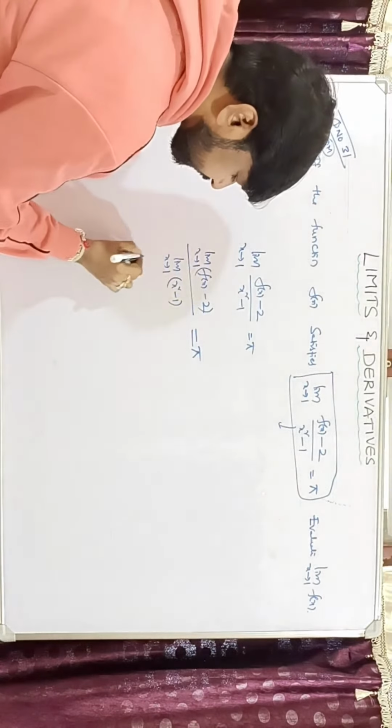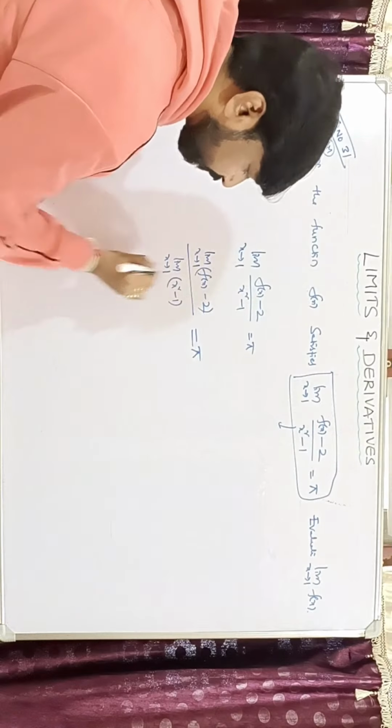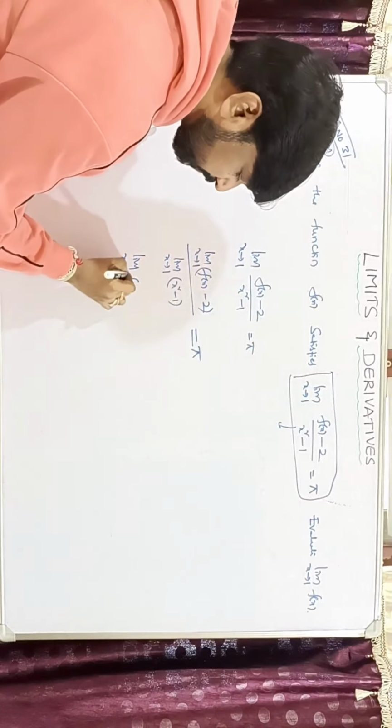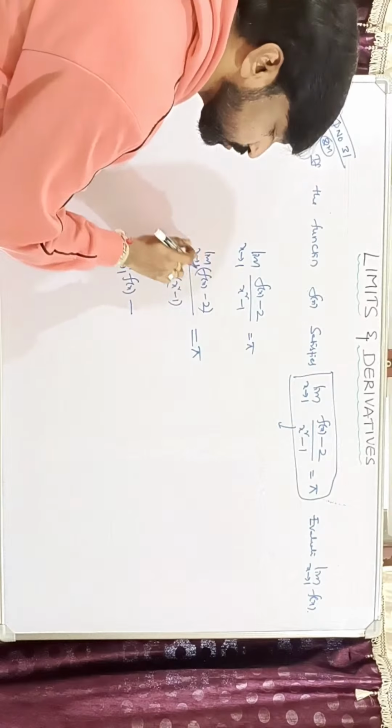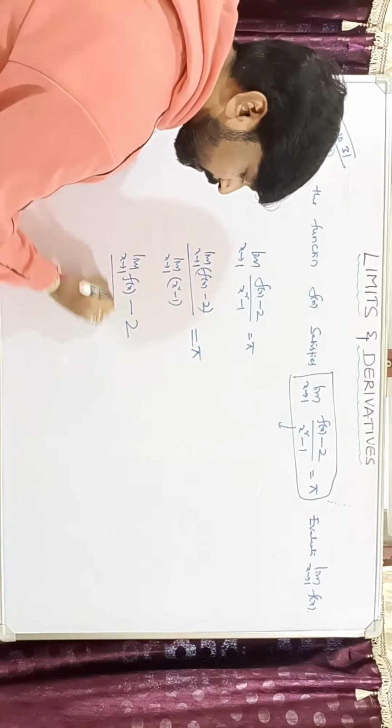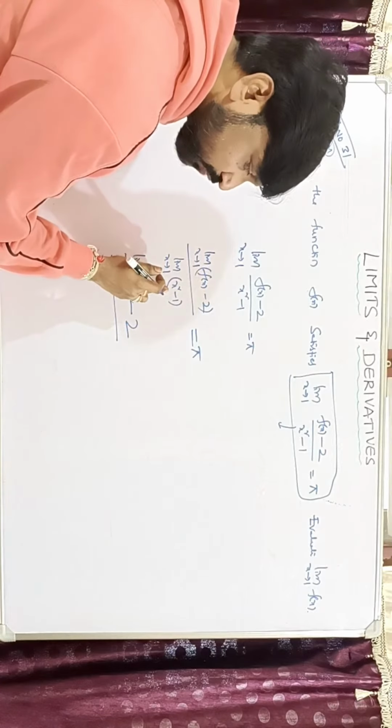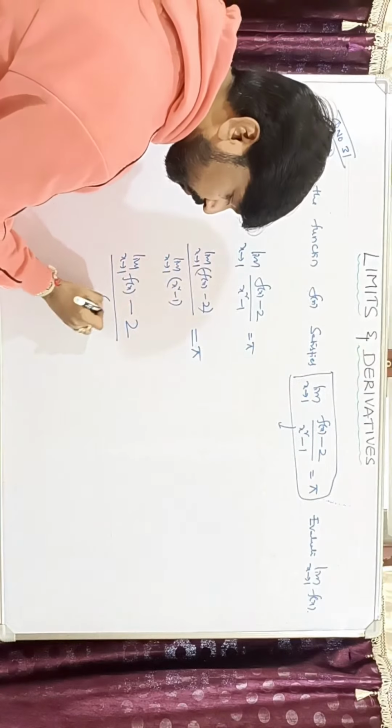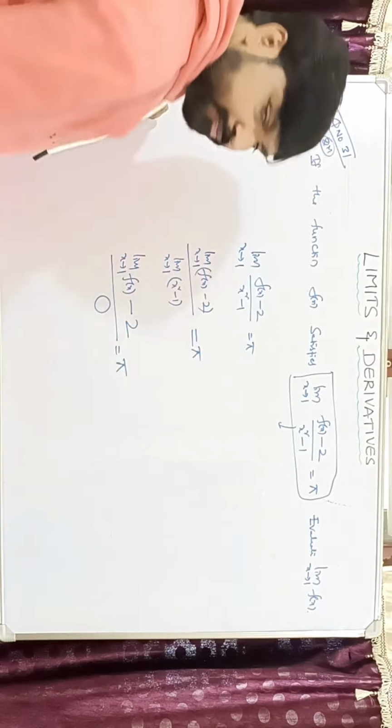The numerator is limit x tends to 1 f of x minus limit of a constant, which gives the constant only. In the denominator, if you take x as 1, 1 square is 1, 1 minus 1 is 0, equal to pi.